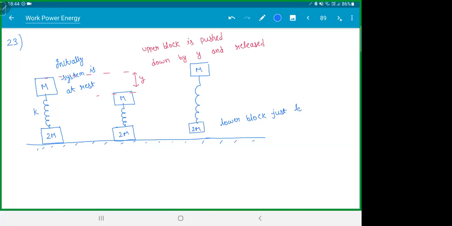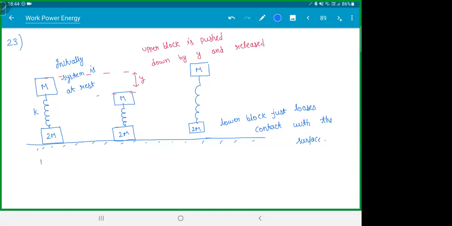Lower block just loses contact with the surface. I hope you're getting the scenario of what is happening. You have a spring block, you're pushing it and you left it. So when this thing is oscillating, there is a chance the lower block lifts off the ground.